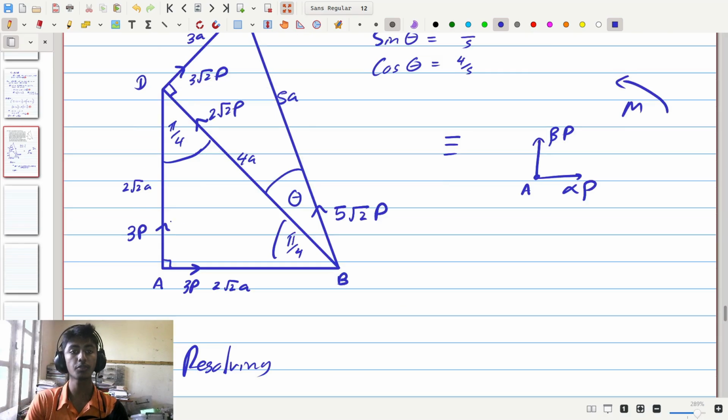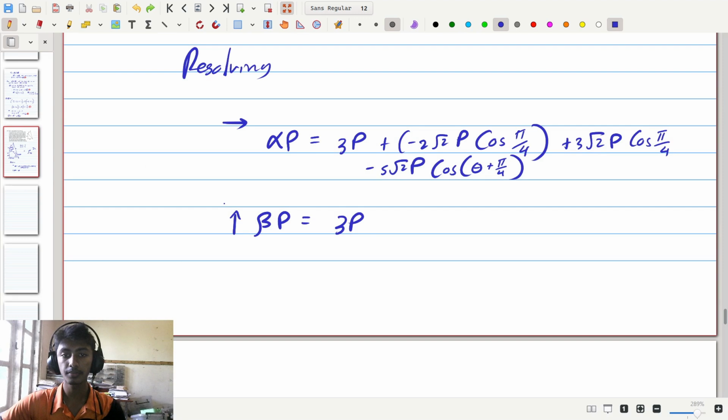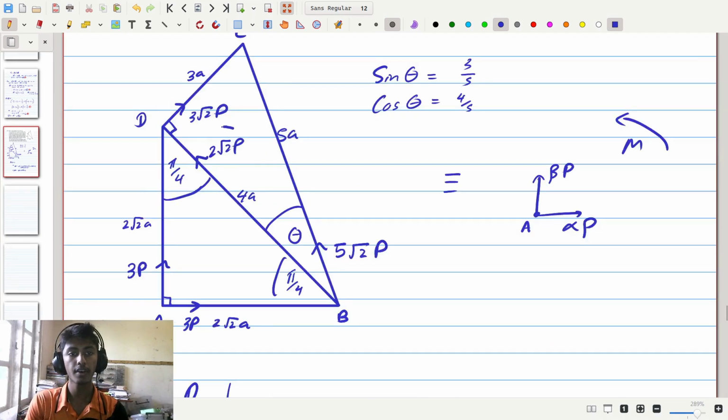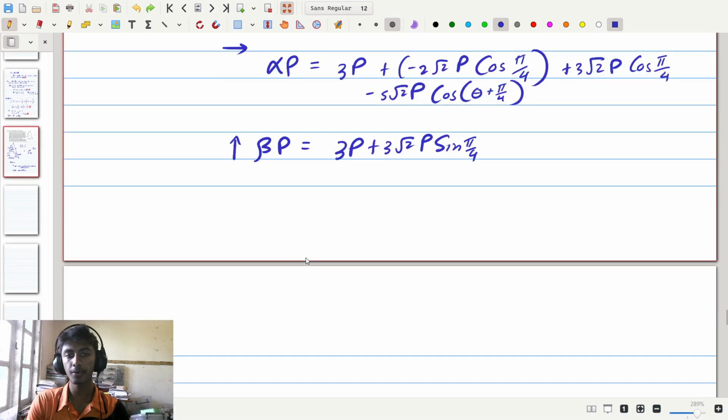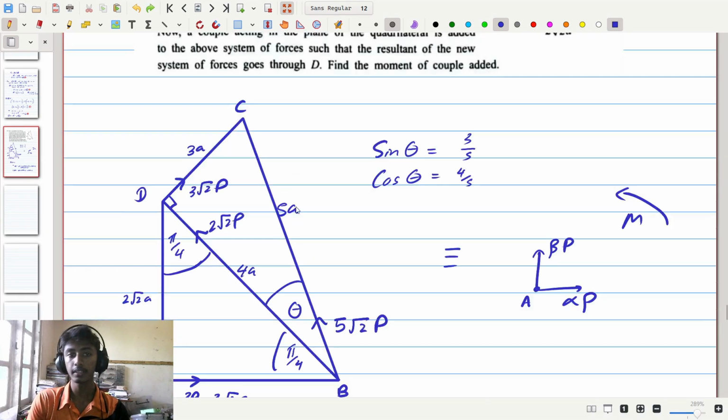And then in terms of the other forces, we have a 3 root 2p, for which we take the sine of pi by 4, so 3 root 2p sine pi by 4, plus 3 root 2p sine pi by 4, and then we have 2 root 2p, which is also vertical, so we have 2 root 2p sine pi by 4 plus 2 root 2p sine pi by 4, and finally we have a 5 root 2p that is in the vertical direction.